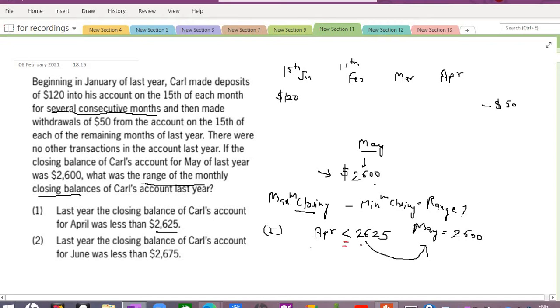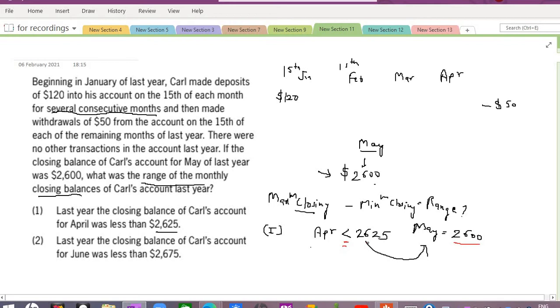If he had made a withdrawal, would he end up having 2600 in May? Then it should be even lesser than that. It is possible, Amrita, because the question says it is less than. Oh yeah, no, it's not possible. It's less than that, Chichil. I am considering the maximum possible amount. This is not even possible.